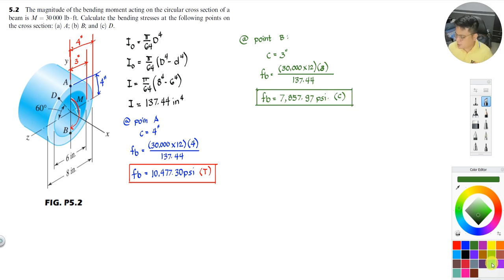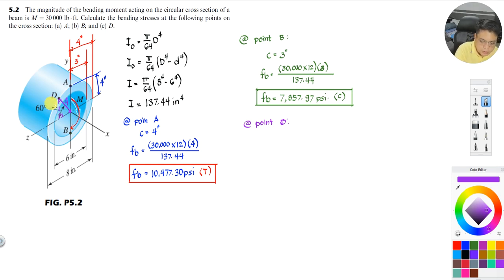Next. Last, we can have it as point D. Sorry, point D. So, eto yun. Para kang gagawa lang naman yan, madali lang naman, para ka lang gagawa ng right triangle. So, ito daw yung right triangle. Ito yung diameter nito, ay yung radius niyan, kalahati ng 8 inches, so, 4.